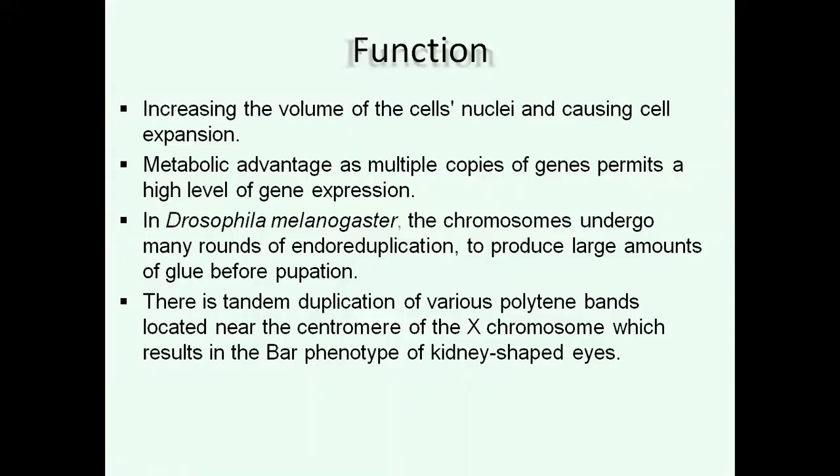This increases the volume of the cell's nuclei, causing cell expansion. It is a metabolic advantage, as multiple copies of genes permit a high level of gene expression. In Drosophila melanogaster, the chromosomes undergo many rounds of endo-reduplication to produce large amounts of glue before pupation.